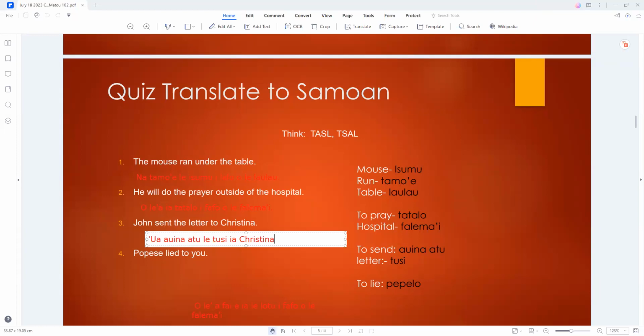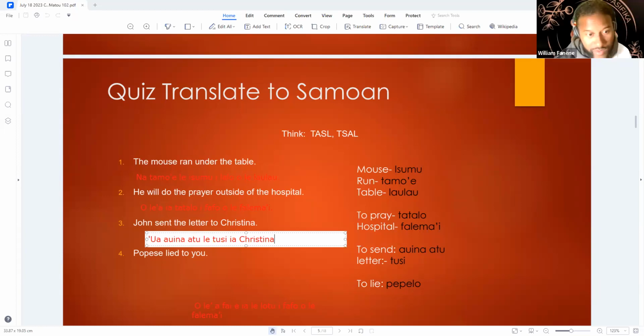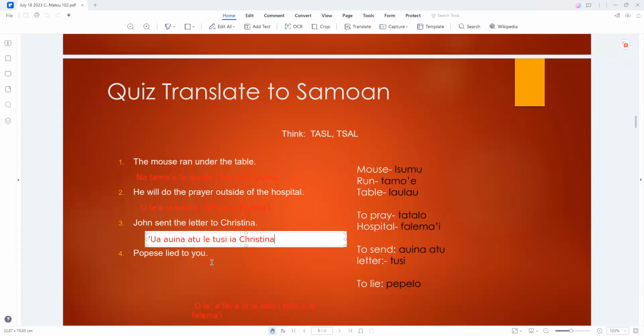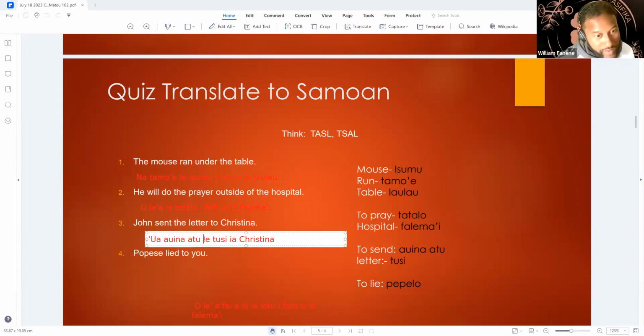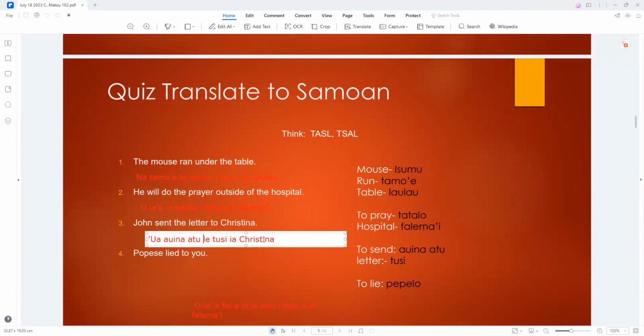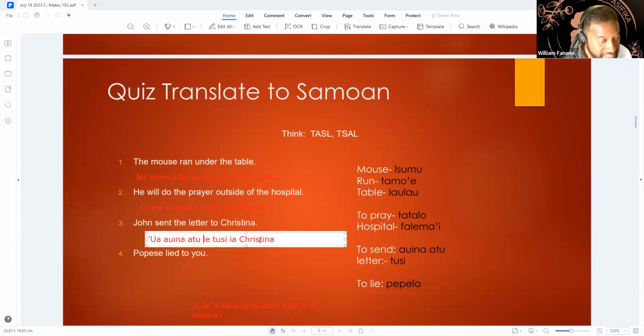Oletusi. No, not oletusi. Only an O, only because. Oane. Oh yeah, okay. And what about Ioanne? Oh dang, we left him out of there. Yeah. So remember, he's the one doing the action. So if he's doing the action, then there's a certain way that we have to put him in there.